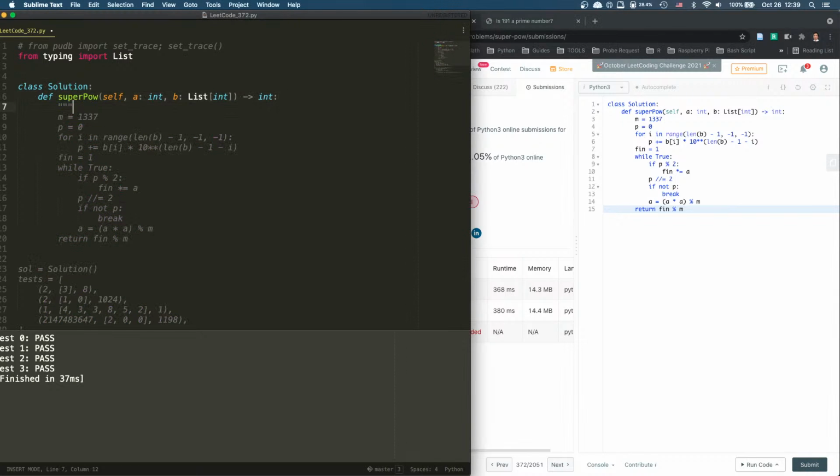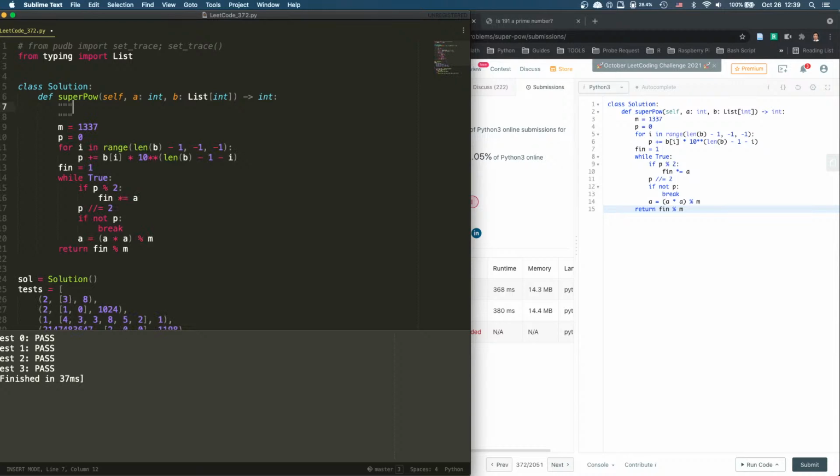Okay, so this solution. The insight is that we can reduce the power by 2 at each iteration, right?